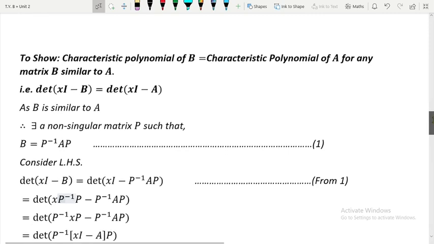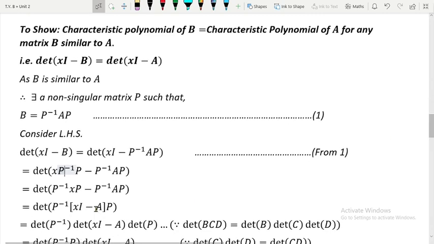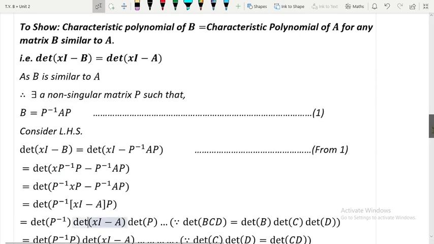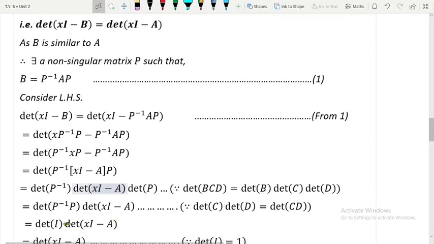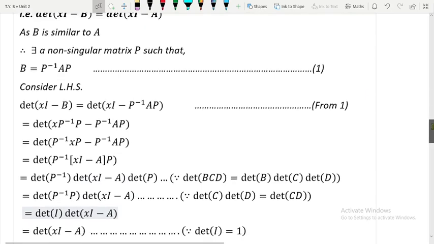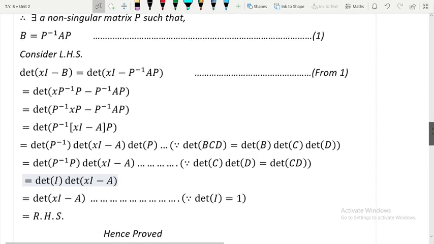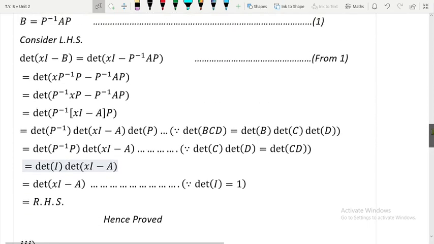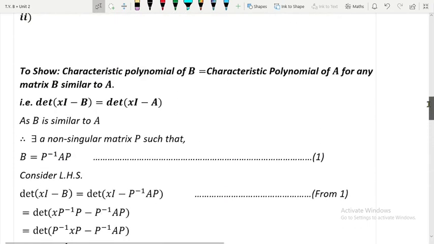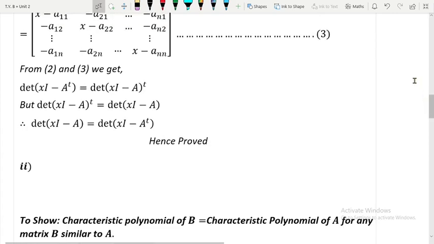Then the P inverse from the left hand side and P from the right hand side has been taken common. Then the property has been used. Again the determinant of P has been shifted. You will get determinant of I over here, and that's it, determinant of xI minus A, and this is our right hand side, and that is what we wanted to prove. So that's all. Now in the next class we will go for the third part of this theorem.